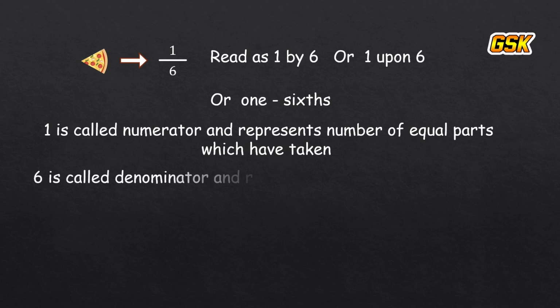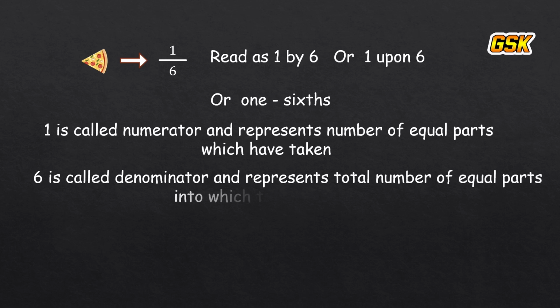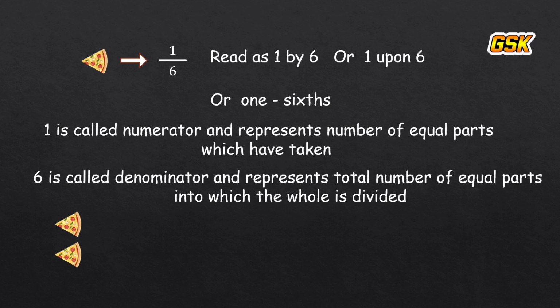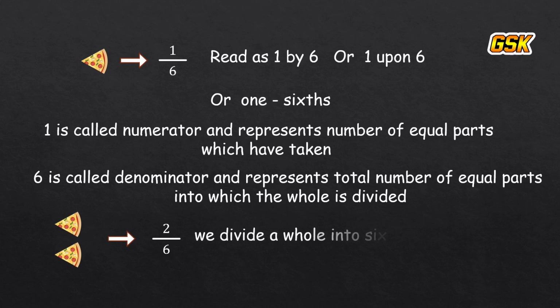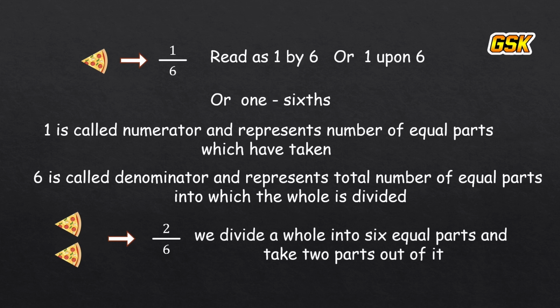And 6 is called the denominator and represents the total number of equal parts into which the whole is divided. The whole pizza is divided into 6 equal parts, so the denominator is 6. If we take 2 pieces of pizza, then we write 2 by 6. Here we divide a whole pizza into 6 equal parts and take 2 parts out of it.